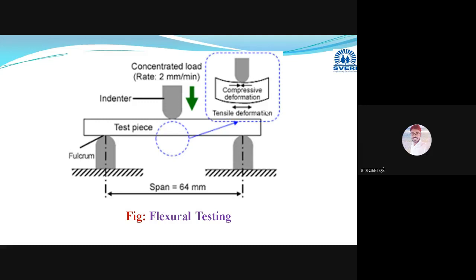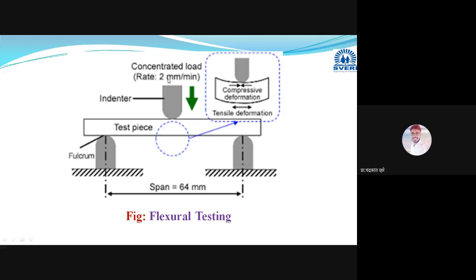You have a metal wire of 1 mm diameter, and suppose you want to break that wire. Initially you will apply a flexure loading condition, and you will break it. Here also it is the same.